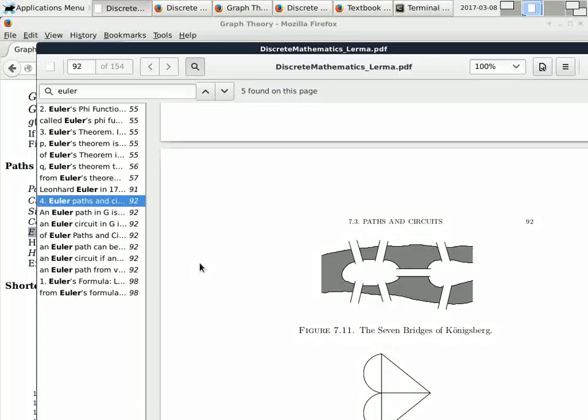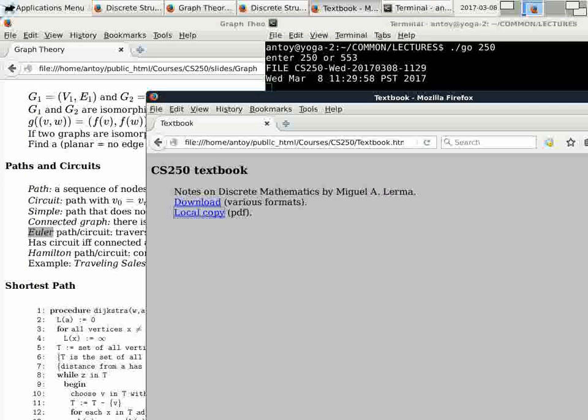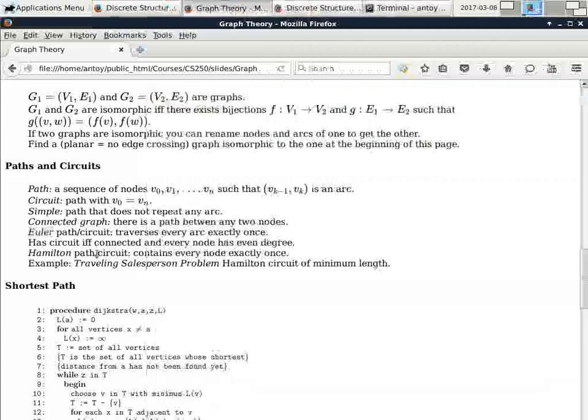All right, so here we have a theorem. You can find an Euler cycle if every node has an even degree.